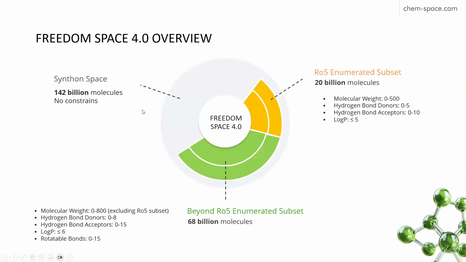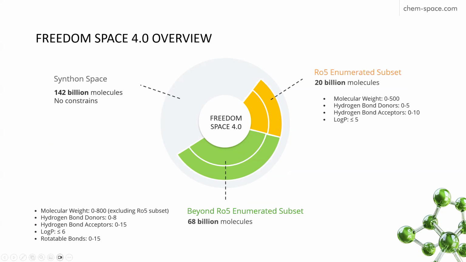The size of Freedom Space 4.0 is 142 billion molecules, and this space is available just as a Synton space. For your convenience, we also enumerated 2 subsets from this Synton space. The first subset contains 20 billion molecules, and these molecules meet the criteria of the rule of 5.